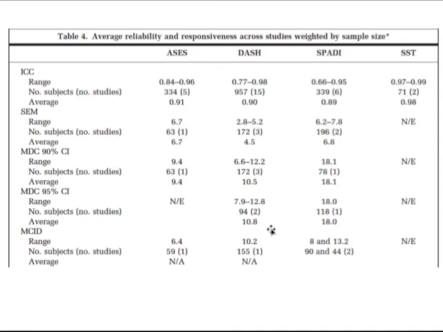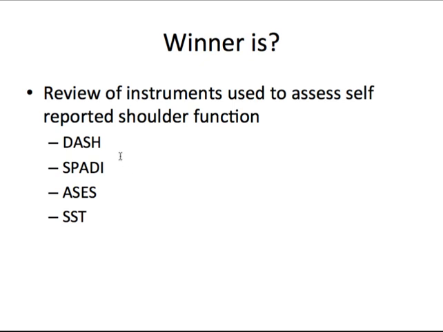And essentially, it'd be up to you in terms of your clinical preference, the content, your clinical setting, things like that. And so the winner really is these top three tests that we kind of know their qualities, can determine some estimate of a minimal change, and also have an idea of what the MCID is.